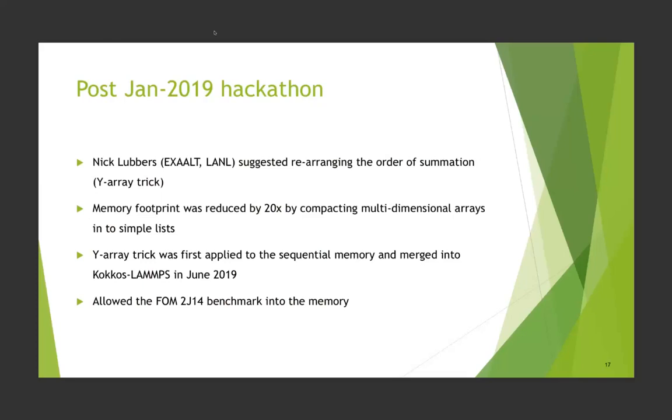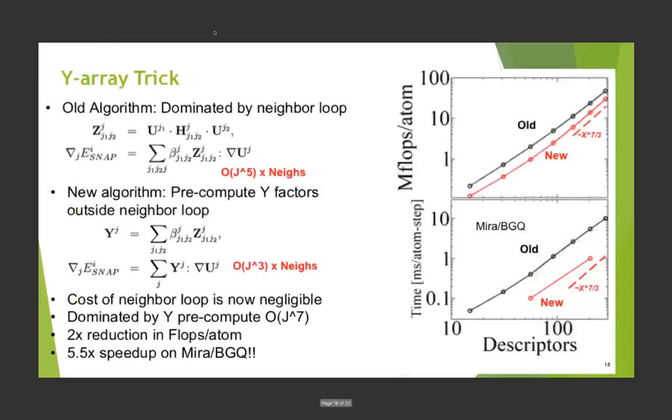I've got a slide on that right here. It's a little bit complicated and we don't have a lot of time, but I'll just point out that in red on the left, we basically went from a final derivative or gradient calculation with a computational complexity of j to the 5th down to one that is j to the 3rd.